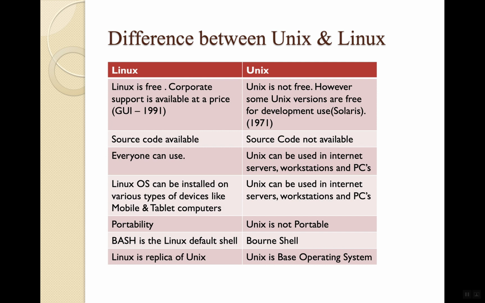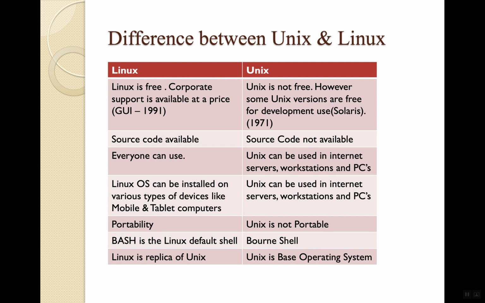Even though free Linux versions are available, in companies they will use licensed versions, right? They won't use free Linux servers from the website. It should be more secure. And source code is available for Linux. Like if you develop a Java program and give an executable file to me, by using that file only I can run that program, so I can't customize it.